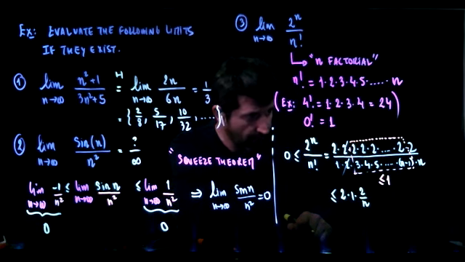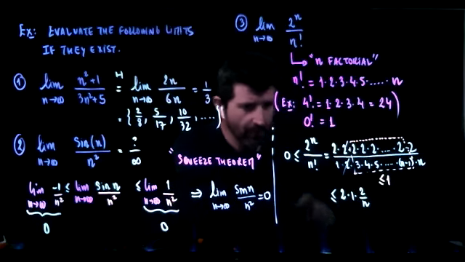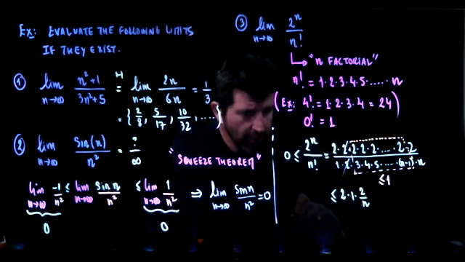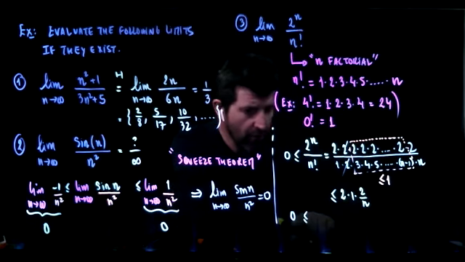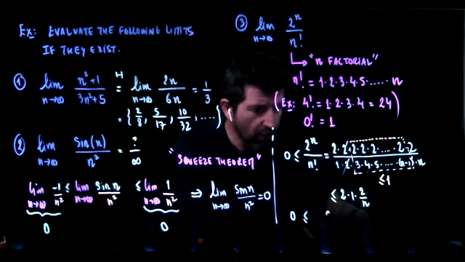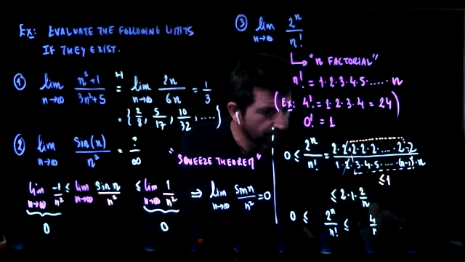I know it's confusing, and I'm going to redo it slowly next class. So what I have is 0 is less than or equal to 2 power n over n factorial, which is smaller than or equal to 4 over n. For sure.